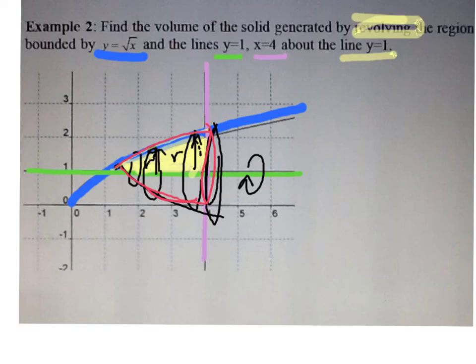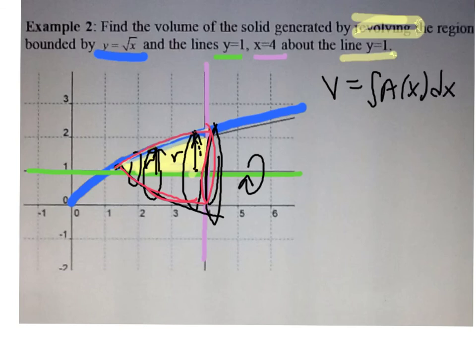Okay, and how do we get that distance? Well, the radius is the y value of the blue minus the y value of the green. So top minus bottom. This should hopefully sound familiar. Volume equals the cross-sectional area integrated.